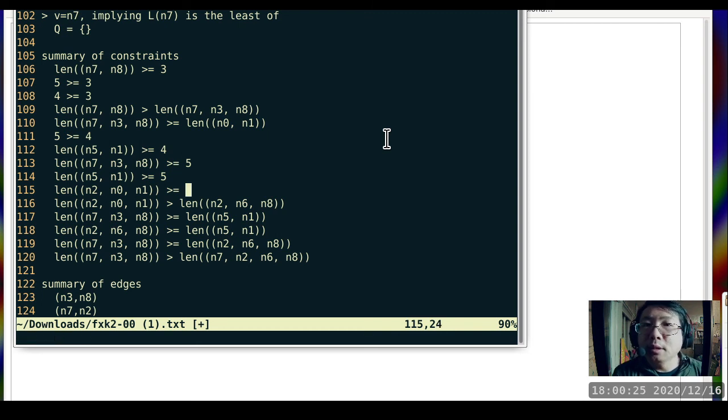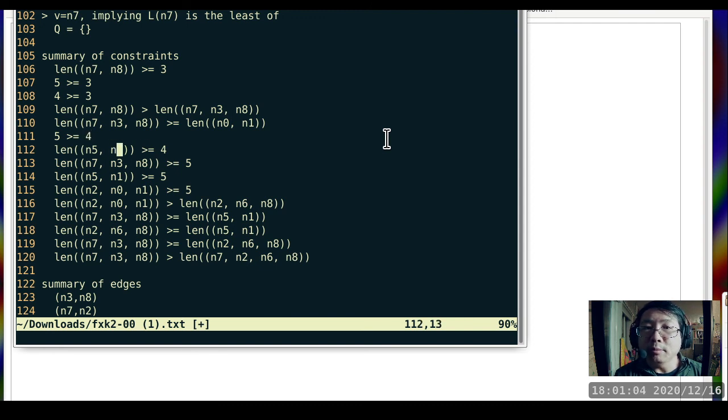All right. So now we need to look at the next smallest thing, which is probably n5, n1, because we see n5, n1 appearing here, but we also know that it has to be greater than or equal to 5, but it is less than or equal to n7, n3, n8, it is less than or equal to n2, n6, n8. Okay, so now we can say it only has to be greater than or equal to 4.